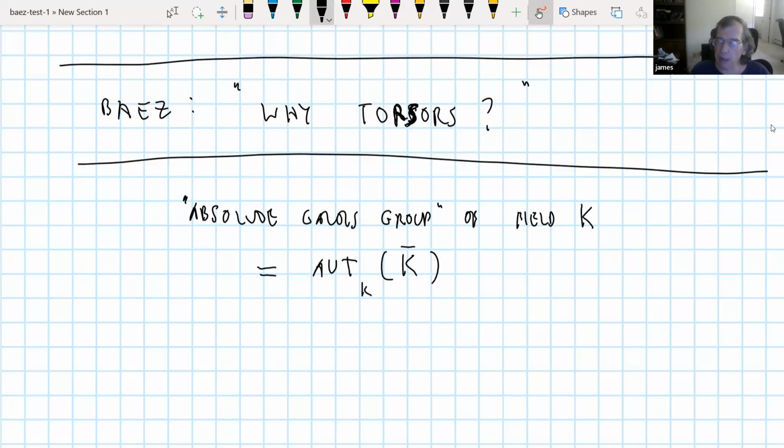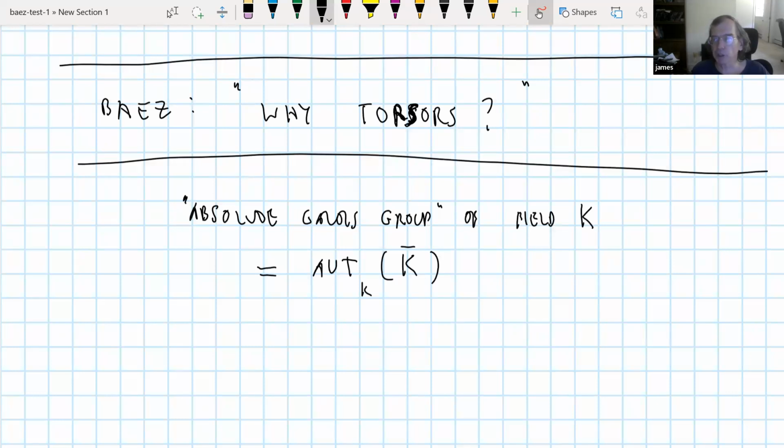And basically those maps are the torsors. When you map the fundamental group of a space into a group G, roughly speaking, what you're doing is studying the covering spaces.